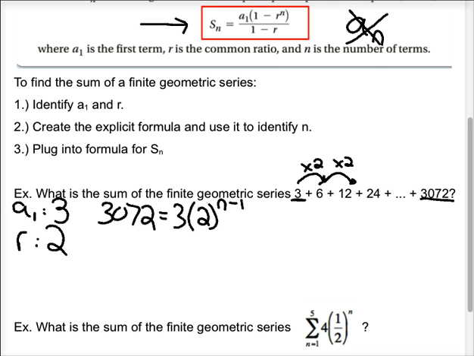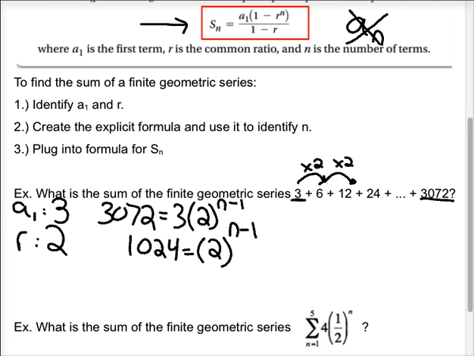All right, so let's divide that 3072. Let's divide that 3 off from both sides. All right, so I'm going to divide both sides by 3. So we'll just have 2 to the n minus 1.